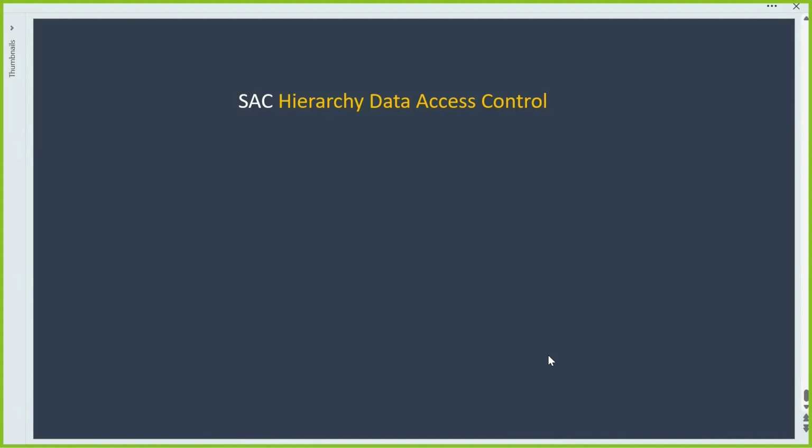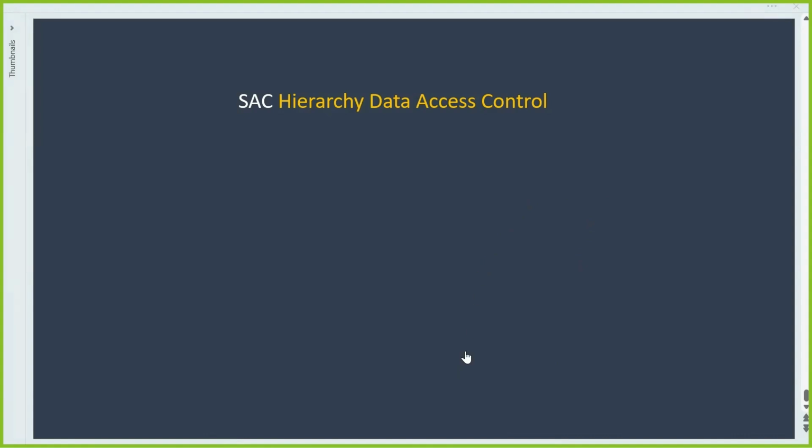Now in this session, we'll see how to apply data access control on hierarchy nodes. Whenever you apply permissions on hierarchy nodes, automatically the child nodes or its members get the same rights, like inheriting the rights from the parent to the child nodes. So we'll do a scenario for that.